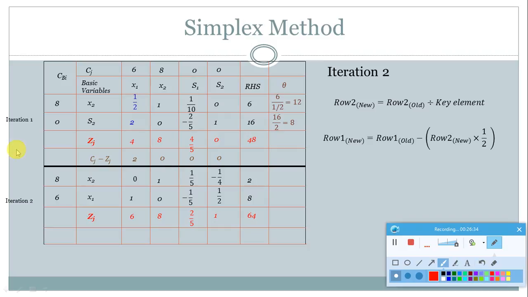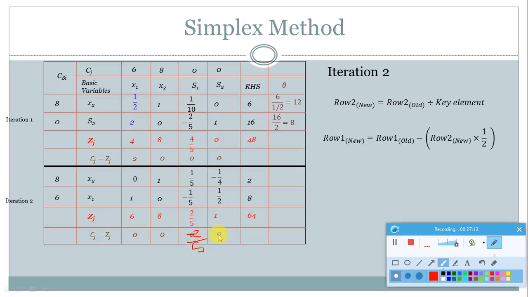Here the value of the objective function has improved from 48 to 64. Next, calculate Cj minus Zj. For the first column it will be 0, for the second column it will be 0, for the third column it will be minus 2 by 5, and for the fourth column it will be minus 1.